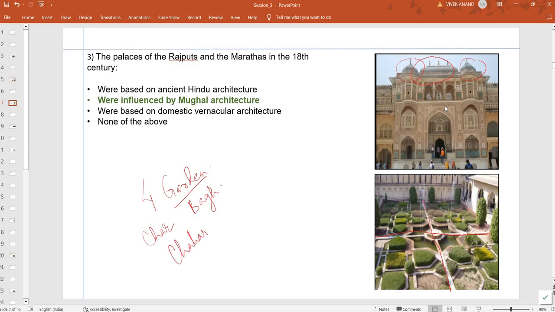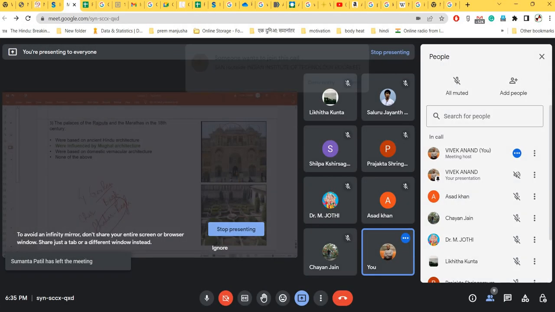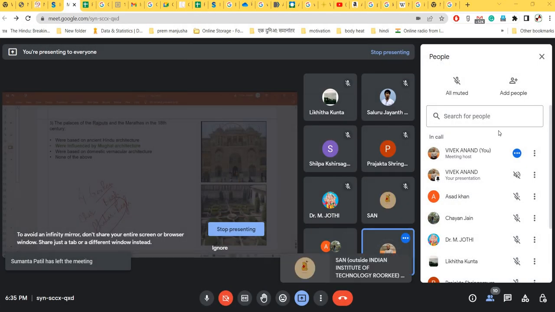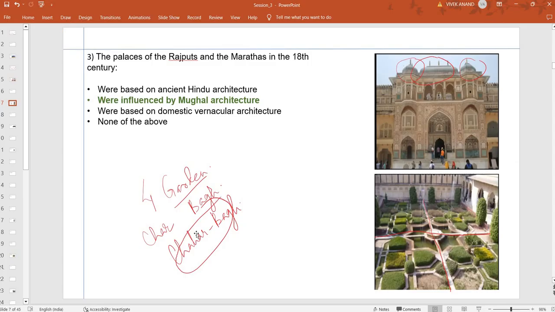Char. Mughals say chahar and bagh. So this is an example of it. Now you remember that this is an example of chahar bagh. Okay, so let's move to the next question. So the answer is very influenced by Mughal architecture.